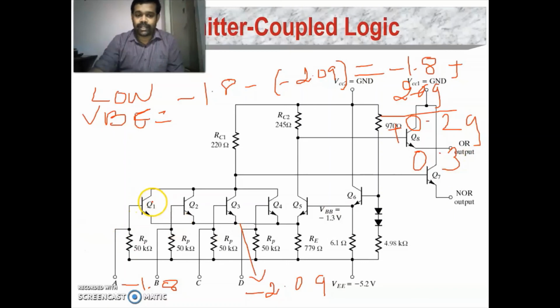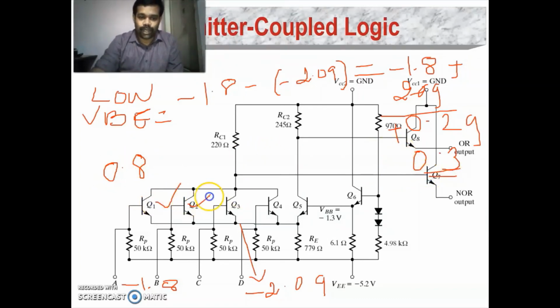But in order to conduct, the transistors must have a base emitter voltage of 0.8. In this emitter coupled logic, we are considering that the VBE needed to conduct is 0.8 in transistors. So we need minimum 0.8 to conduct, but here we are having only 0.3.